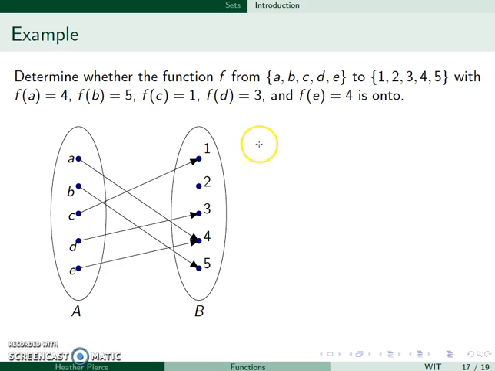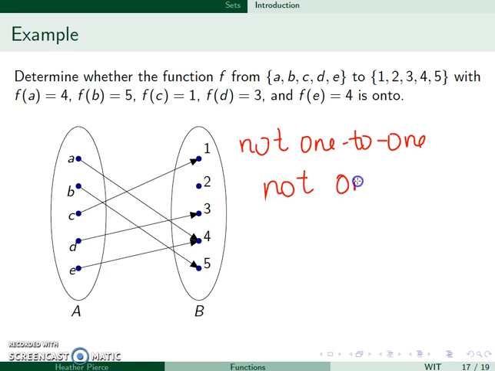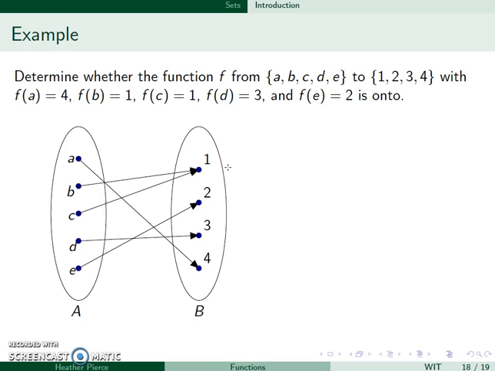My third example, this one was not one-to-one. In addition, this one's not onto, so this one is neither, because of this 2 element that doesn't have anything assigned to it. My final example, this one was not one-to-one.